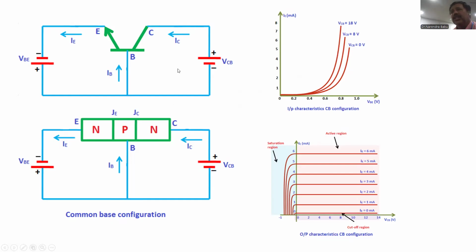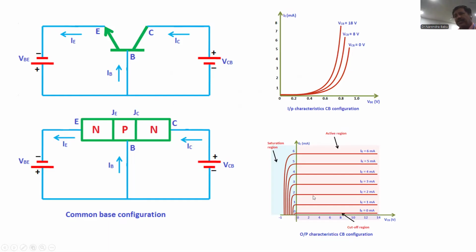Now while studying the output characteristics between IC and VBC or VCB, whichever you take up, the input current is constant. That is, IE is constant.